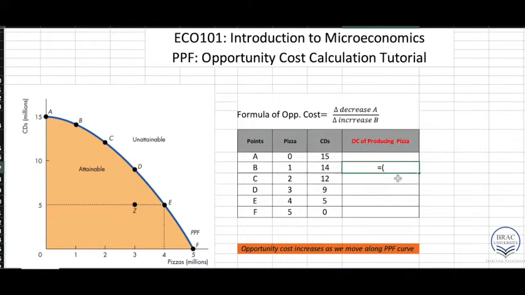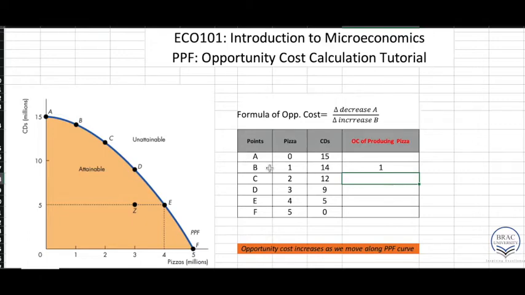Now, let's plug this in the formula. As we move from point A to B, the change in decrease is 15 minus 14 divided by 1 minus 0. And here we go. We have the first opportunity cost of producing a pizza, going from point A to point B.